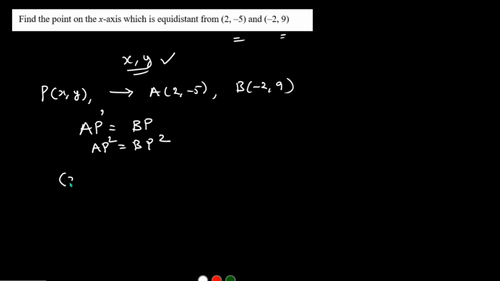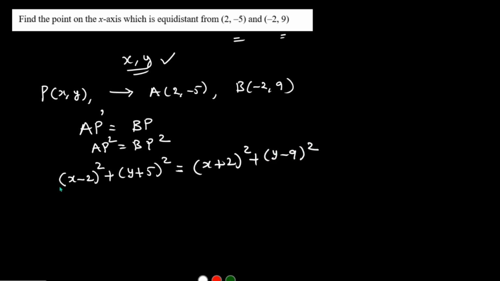So the difference: (x - 2) whole square plus (y + 5) square must be equal to (x + 2) square plus (y - 9) whole square.